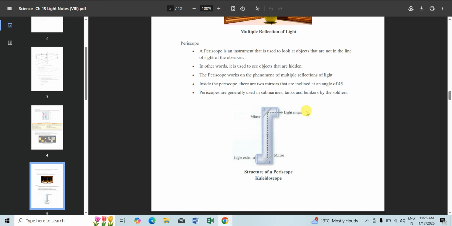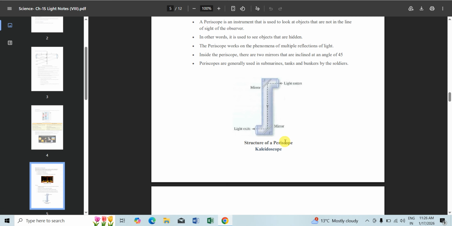Okay, so here is the object, the ray is reflected at 90 degrees, and it is reflected again at 90 degrees, and the person sees the object. Okay, so that's a very interesting tool.